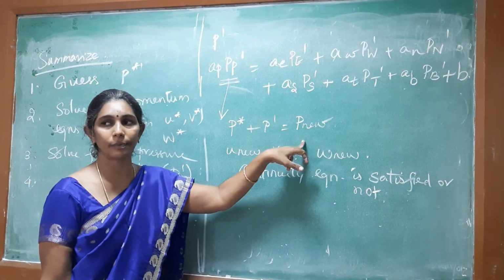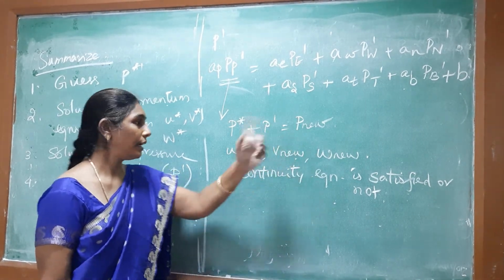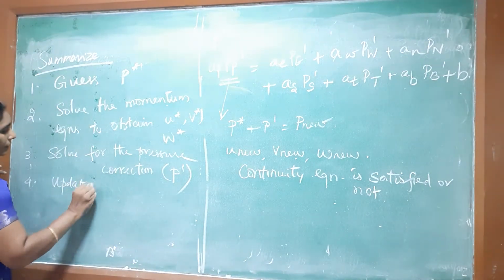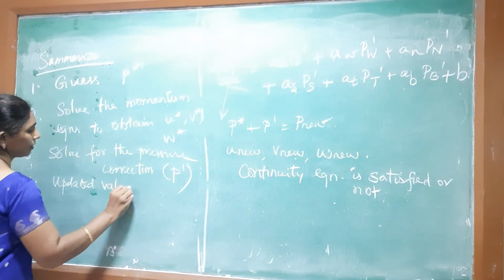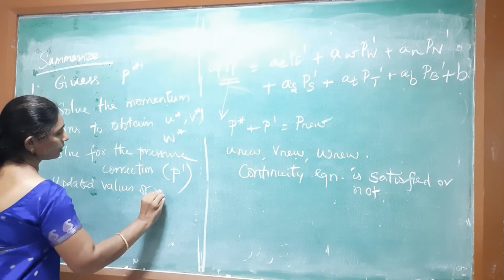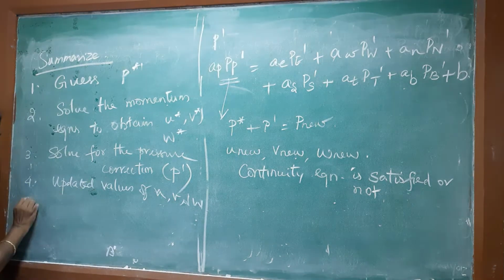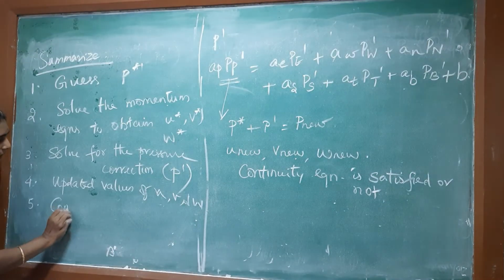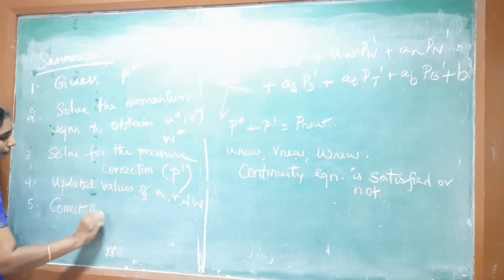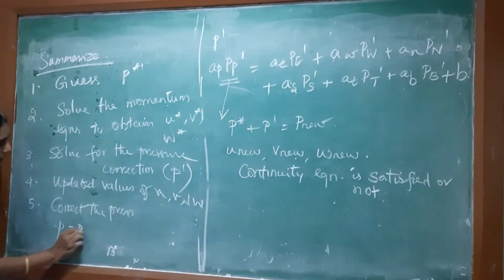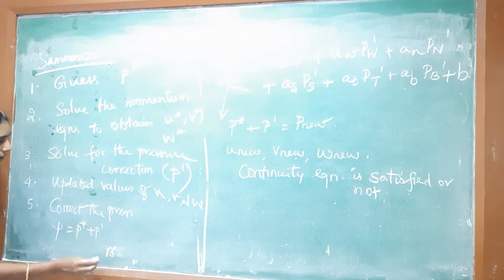Using this new value of P, that is pressure, we will have to find out the updated values of velocities, that is U, V and W. And then we will correct the pressure, that is P star plus P dash, right?